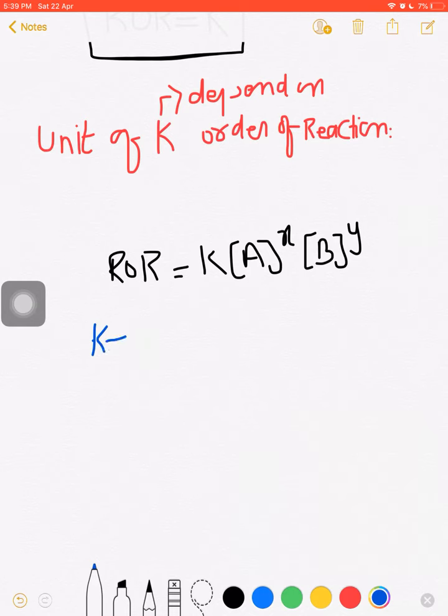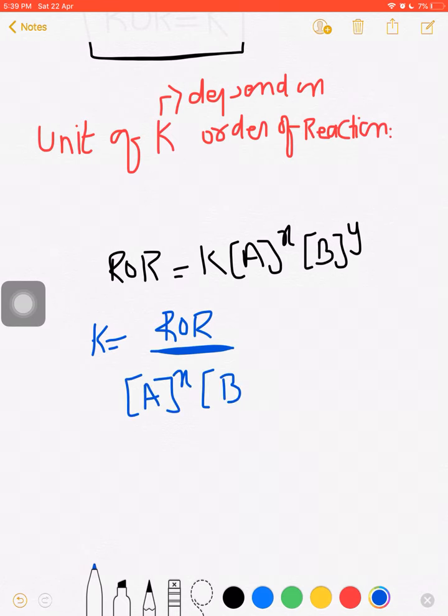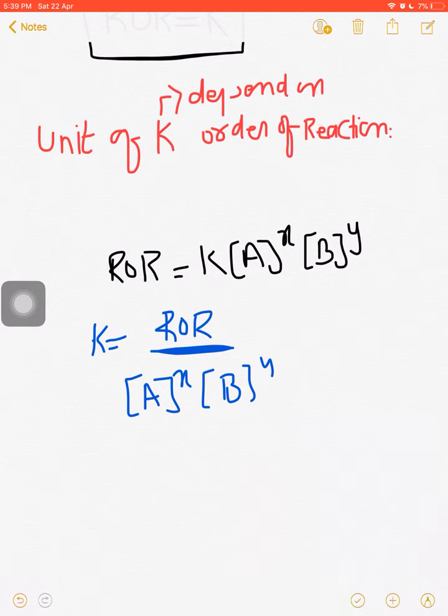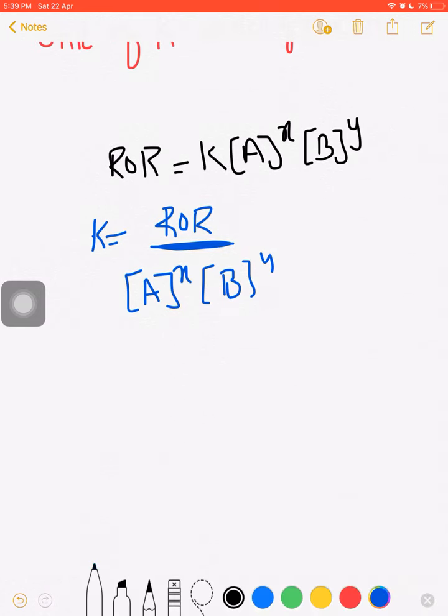Now k is equal to rate of reaction upon [A]^x [B]^y.